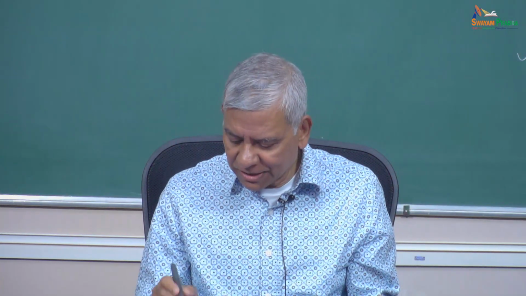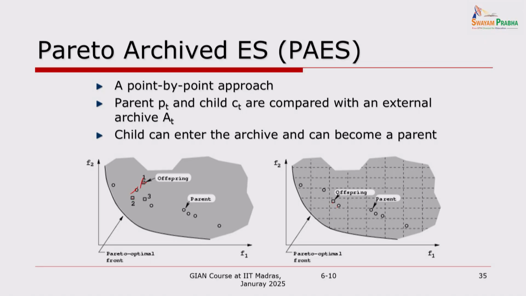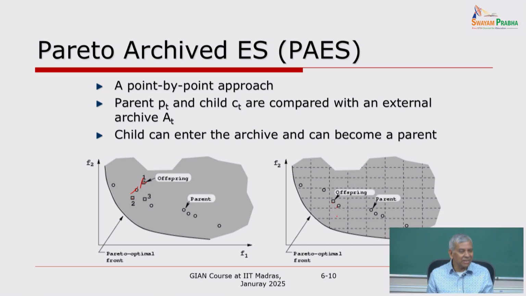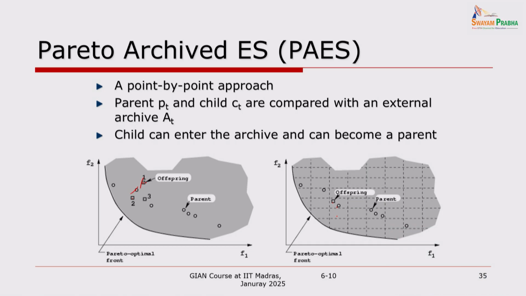Most often what happens is this scenario. You have an offspring which is non-dominated with respect to the archive members. So it is neither dominating any of the archive members nor getting dominated by an archive member. Then they divide the entire space into grids of uniform size.